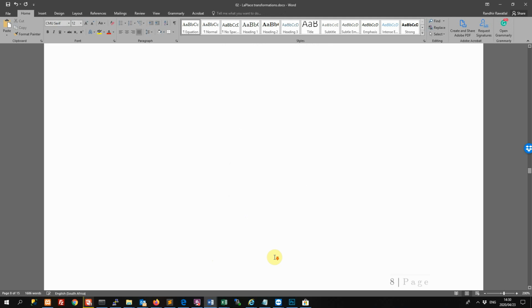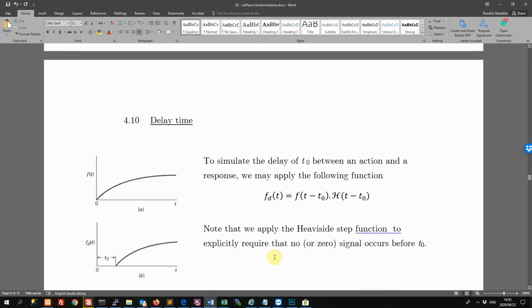So that's for cos. And then if we look at delay times, let's say we have some function in time, and let's say that this function gets delayed by time t naught. If we imagine some function in time that gets shifted by t naught, so that it takes an extra time t naught before we can start seeing that function, then that's a delay.